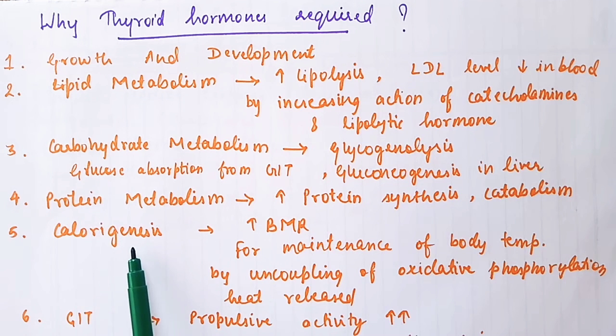Calorigenesis means they increase the BMR, that is basal metabolic rate. This is required for the maintenance of body temperature, and is possible only by uncoupling of the oxidative phosphorylation process. In this process, the heat which is released is used to increase the temperature of the body. Now for the GIT, they increase propulsive activity.